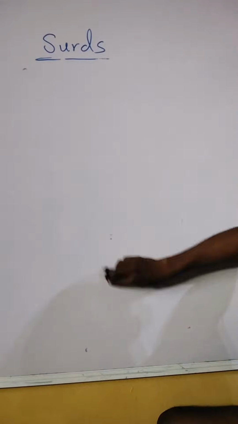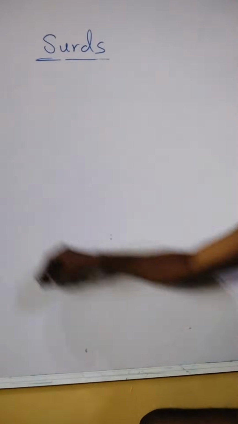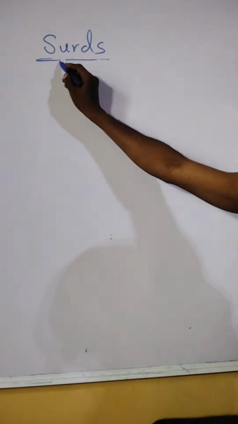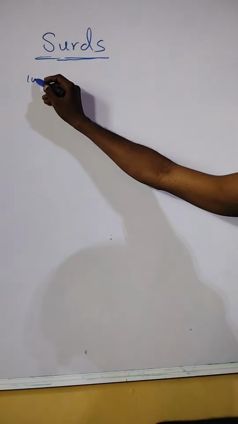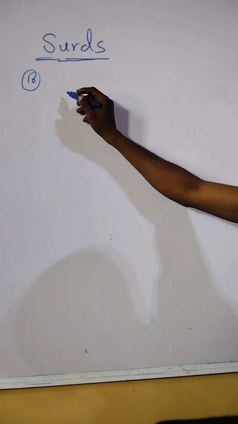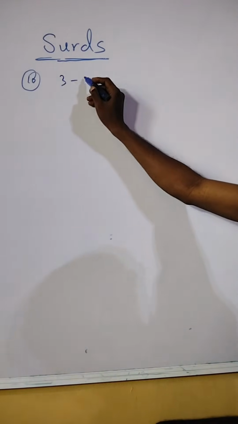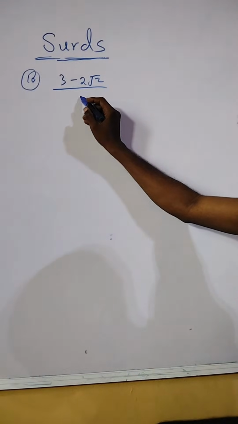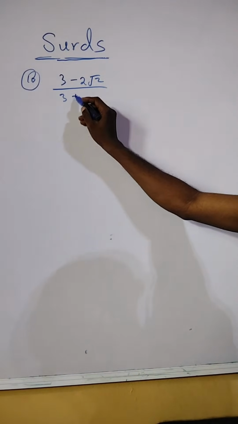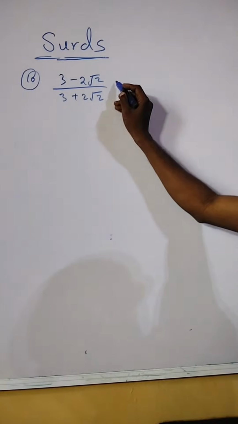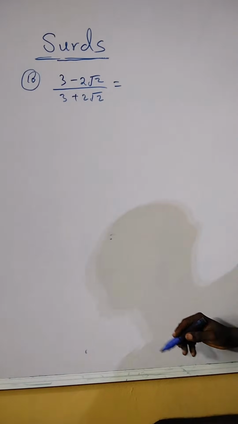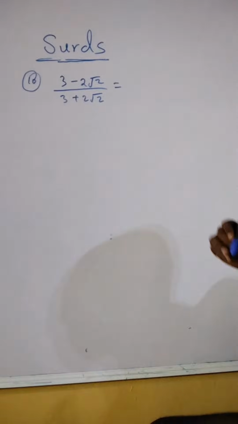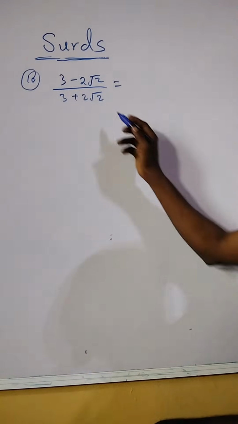We have to also evaluate 3 minus 2 root 2 divided by 3 plus 2 root 2. When we rationalize this surd, we multiply the numerator and denominator by the conjugate surd of the denominator.